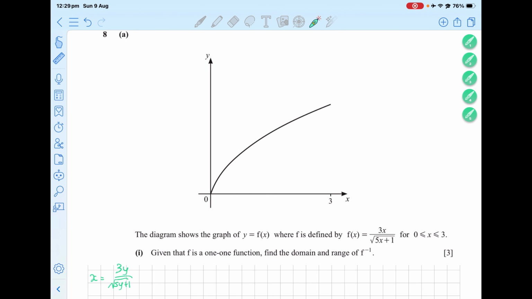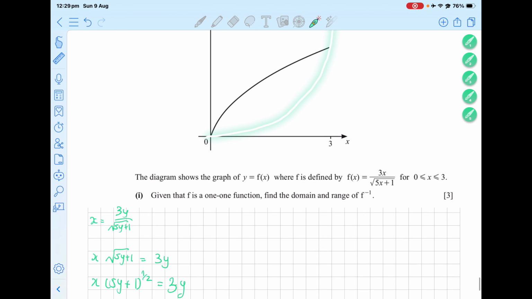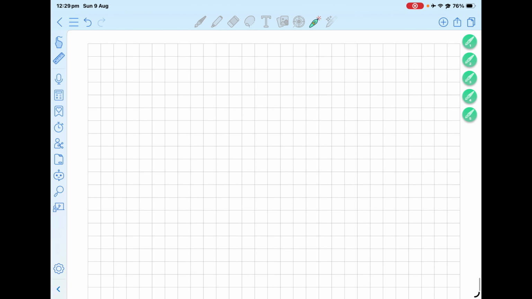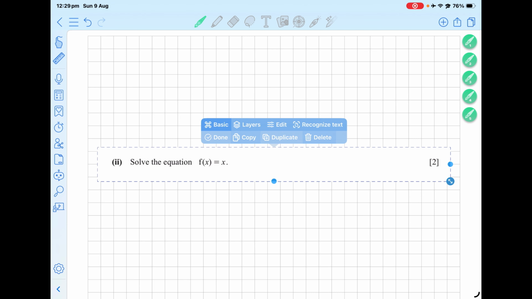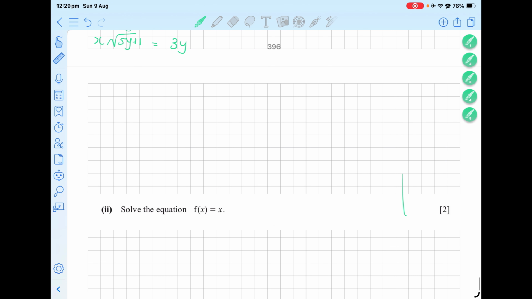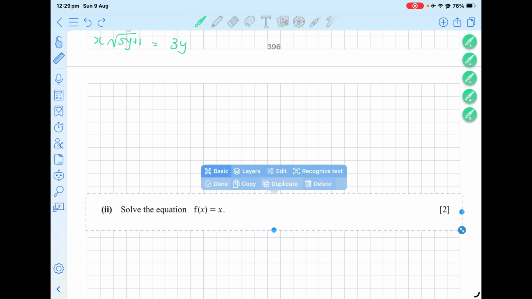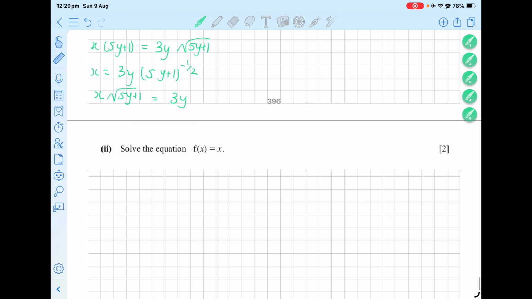Let me just check up on part B as well. So basically this is the part where we have to solve for f of x equals x.